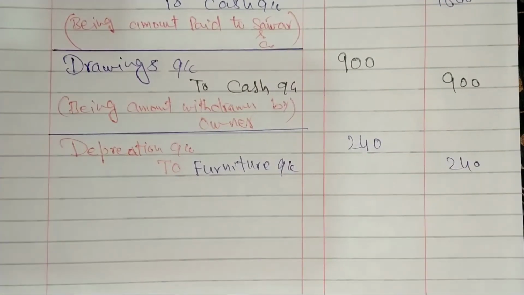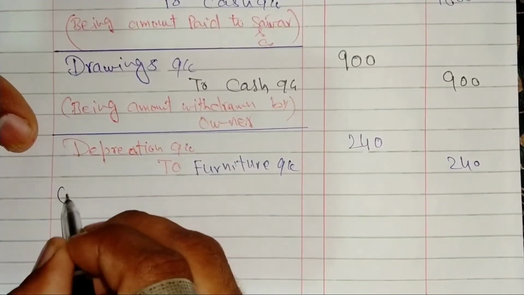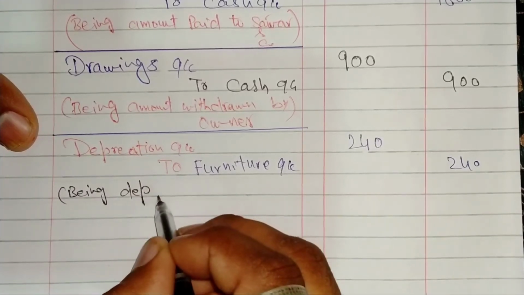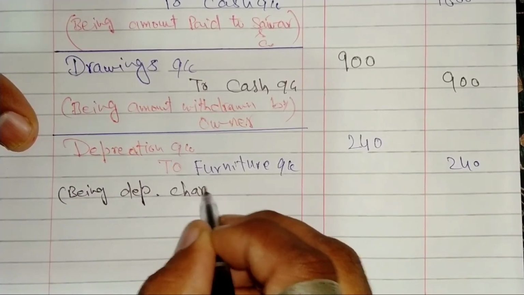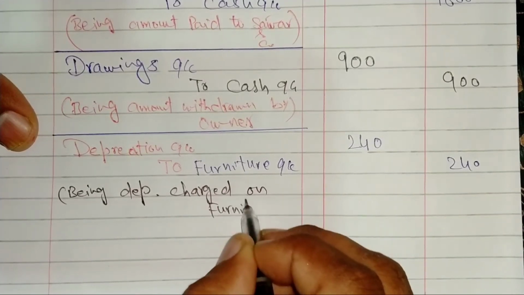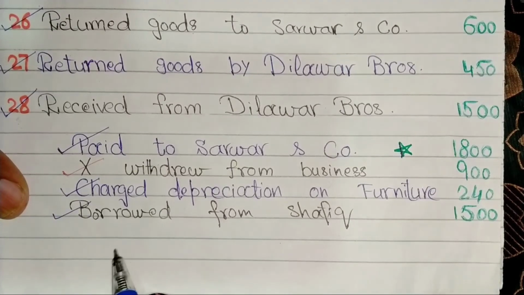Description: being depreciation charge on furniture. Last transaction of this illustration is borrowed from Shafiq amount $1,500.